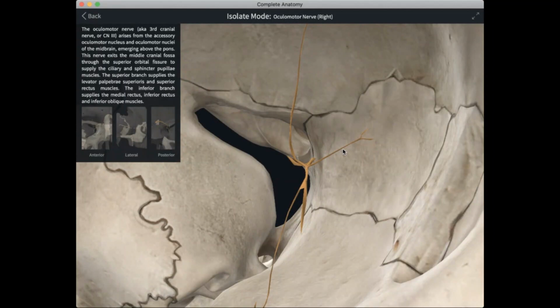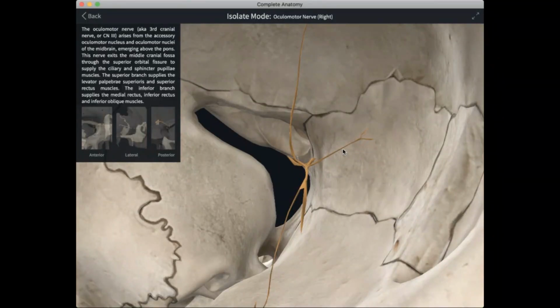In parasympathetic function, the role of the oculomotor, the third cranial nerve, is to constrict the pupil, whereas the sympathetic nerve coming from the thoracic outflow, which we will discuss separately in the autonomic nervous system, will dilate the pupil.